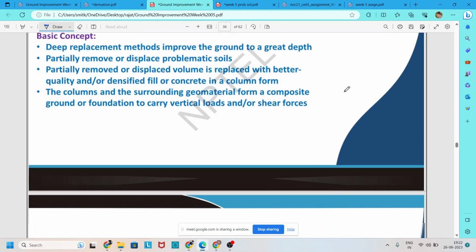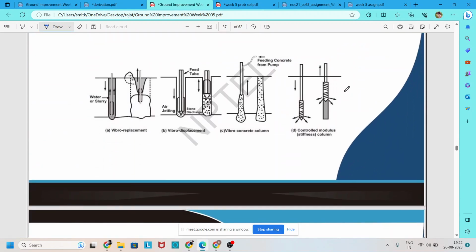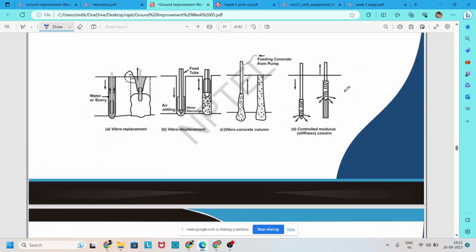If you see the next slide, it describes different types of deep replacement methods using different techniques, depending on whether the soil is partially removed or partially displaced. The first one is the vibro replacement technique. In this technique, we apply a water jet, and by this water jet we create a slurry.